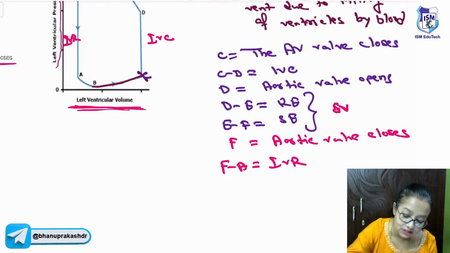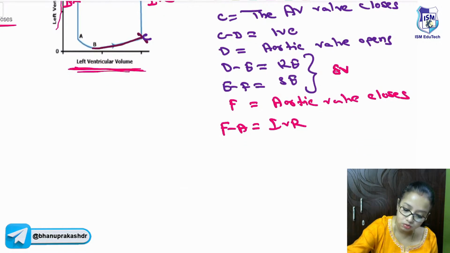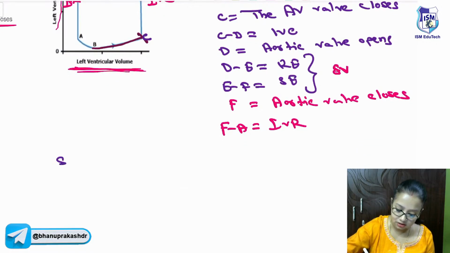Now, what is the significance of this loop? Why do we need the loop?